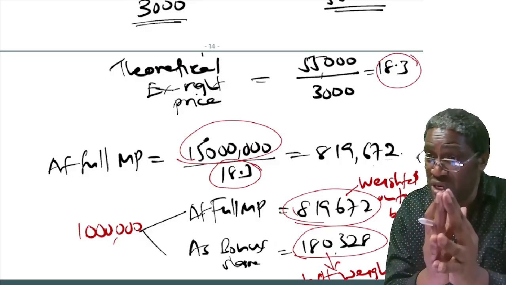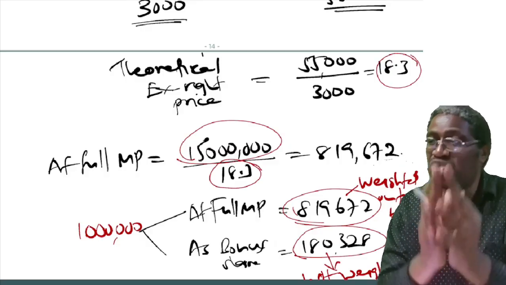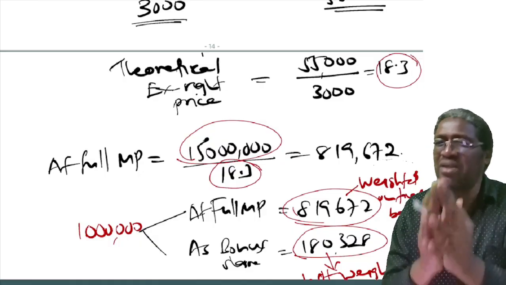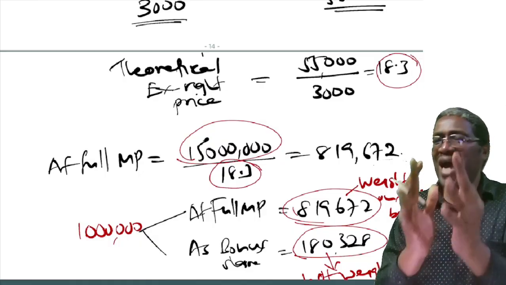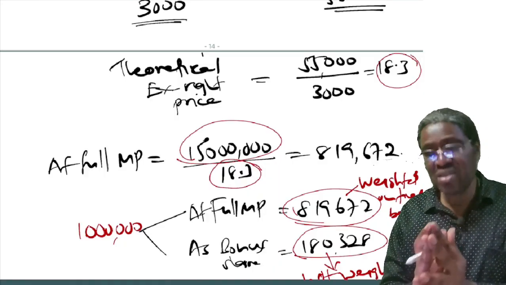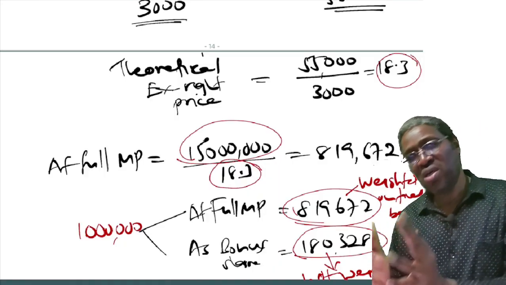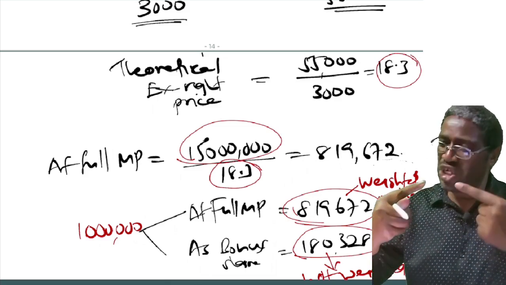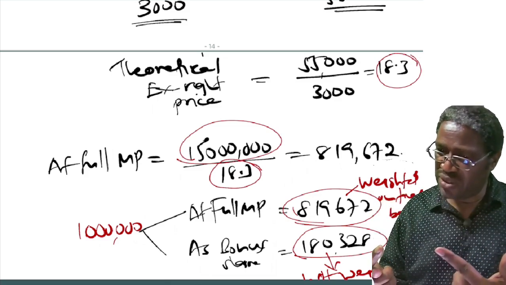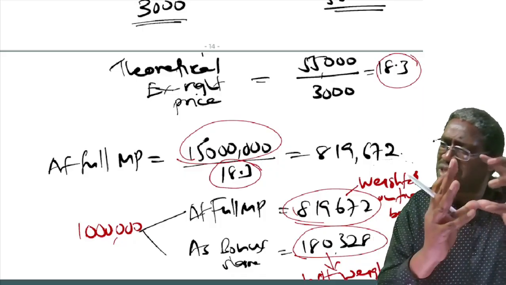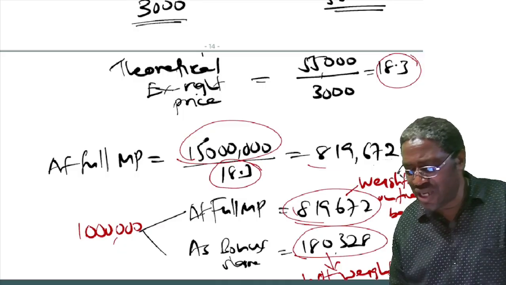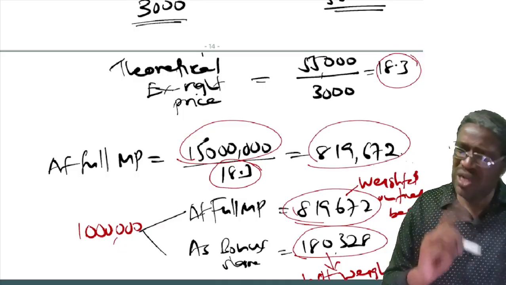If the price is expected to be 18, they are only expecting to buy 819,672. Those are the ones I consider to be issued at full market price. But when they brought in this 15 million, we did not give them 819,000 shares. We gave them 1 million.